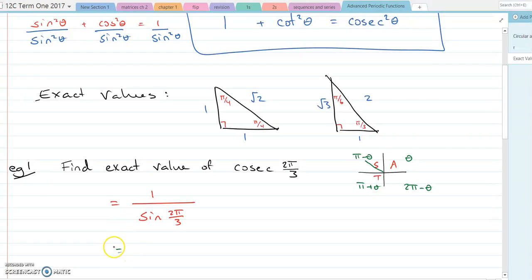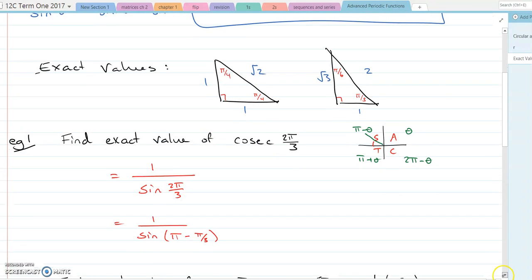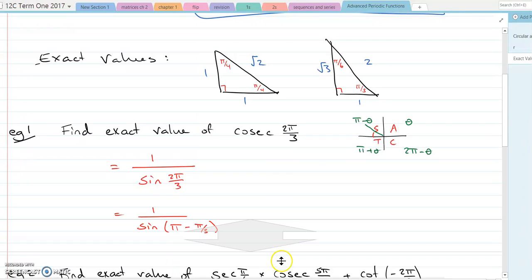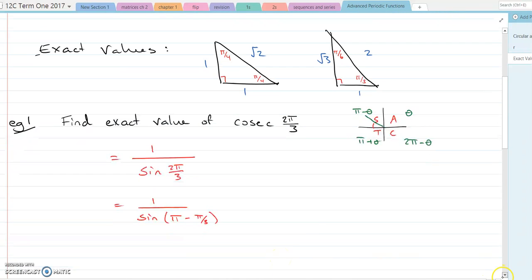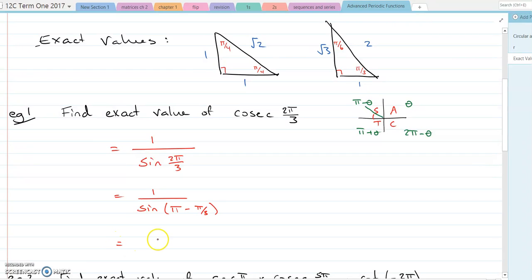So we write this as 1 over sine of pi minus the new angle, which is of course pi over 3, a base angle, if you will. This is stuff that we're doing in Maths B. I can drop the pi minus, make it pi over 3, and then I just have to decide, is it plus or minus? It's sine, I'm in quadrant 2, sine is positive.